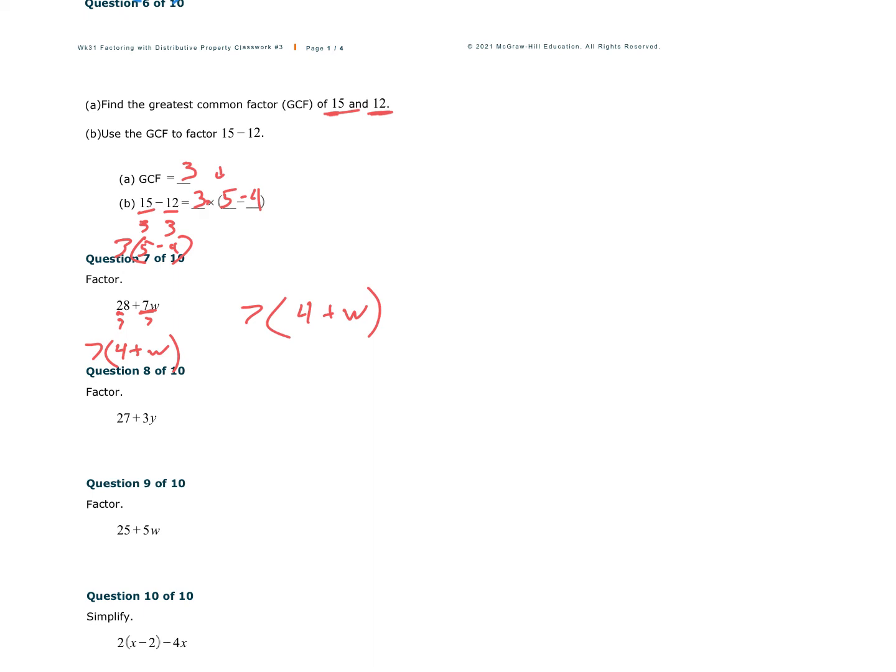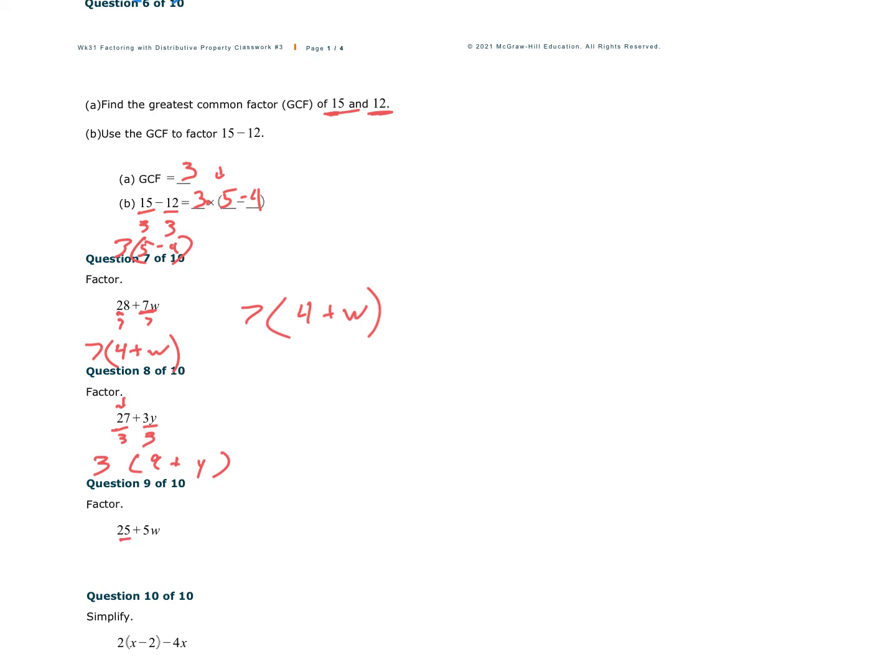Question 8, we're going to factor 27 plus 3y. I know we can divide them both by 3. So we're going to put 3 outside the parentheses. Inside the parentheses, we have 27 divided by 3, which is 9, plus 3y divided by 3 is y. Okay, the next one.